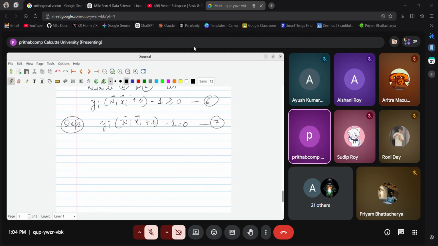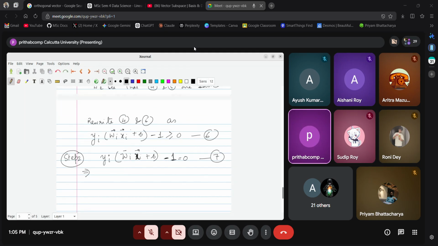Let's say this is equation 7. What it means is, if it is equal to 0, then these points are on the decision boundaries.